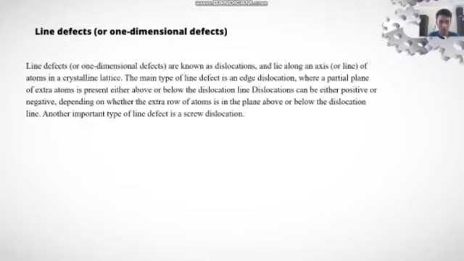Dislocations can be either positive or negative, depending on whether the extra half plane of atoms is above or below the dislocation line.